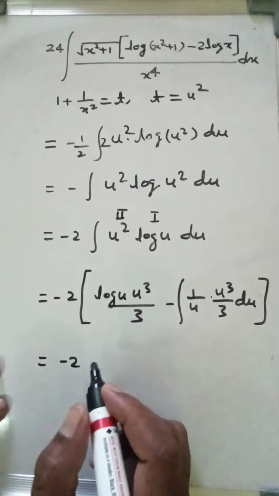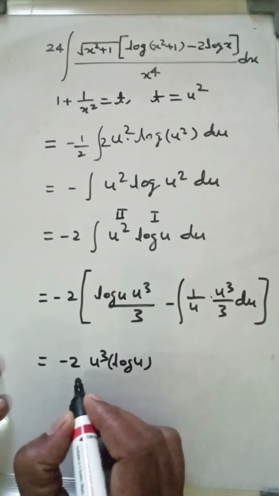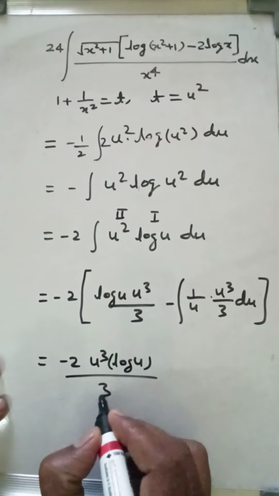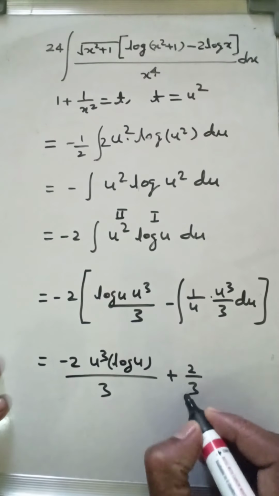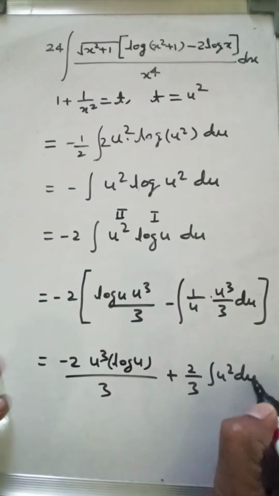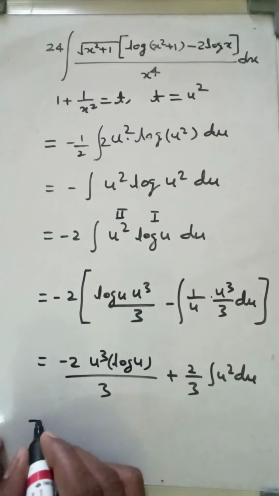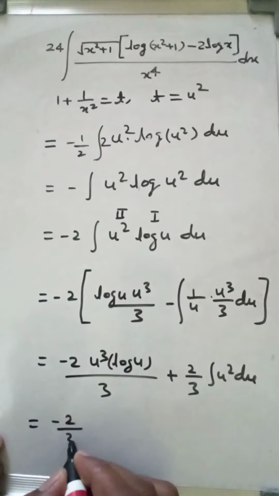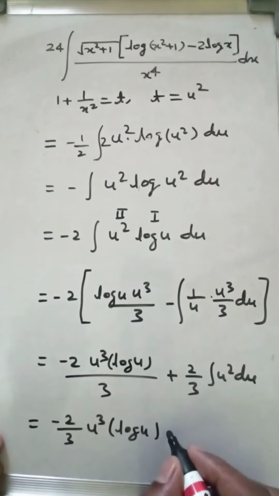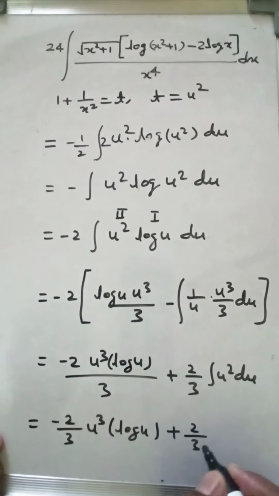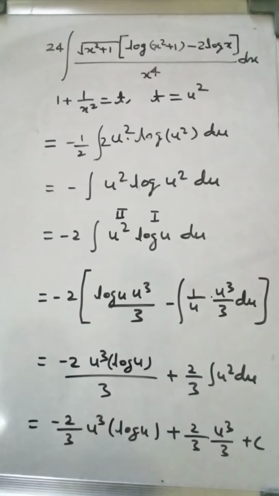So minus 2 u cube log u by 3 minus, plus 2 by 3 into u square into du. Okay, this is minus 2 by 3 u cube log u plus 2 by 3, and integration is u cube by 3, plus c.